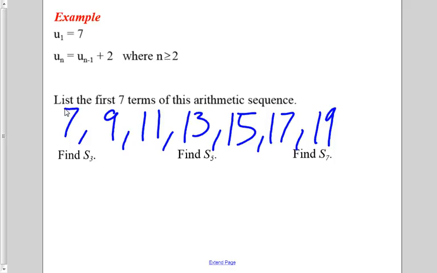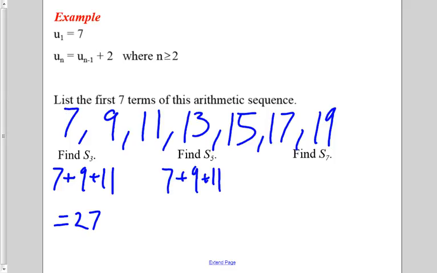So now to find S3, that's the sum of 7 plus 9 plus 11, the sum of the first 3 terms in our sequence, which equals 27. Finding S5, that's 7 plus 9 plus 11 plus 13 plus 15, added together, 55.